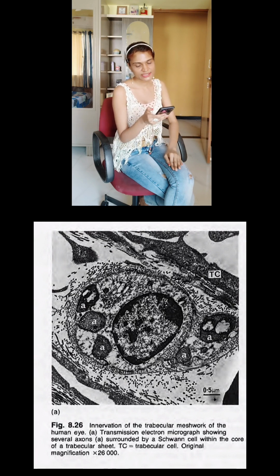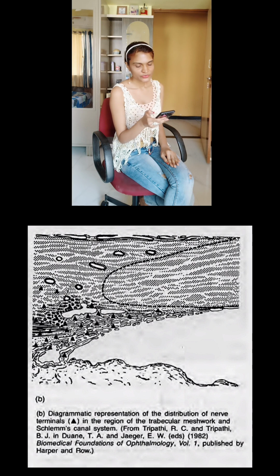Figure 8.26a, innervation of the trabecular meshwork of the human eye. A is a transmission electron micrograph showing several axons (A) surrounded by a Schwann cell within the core of a trabecular sheet. TC for trabecular cell. Original magnification is 26,000 times. Figure 8.26b, diagrammatic representation of the distribution of nerve terminals (triangle) in the region of the trabecular meshwork and Schlemm's canal system.